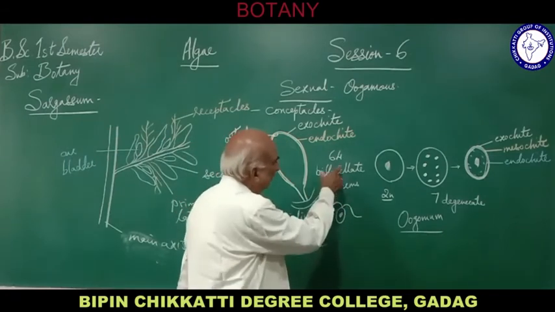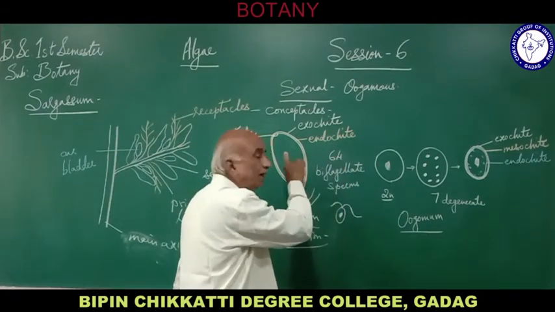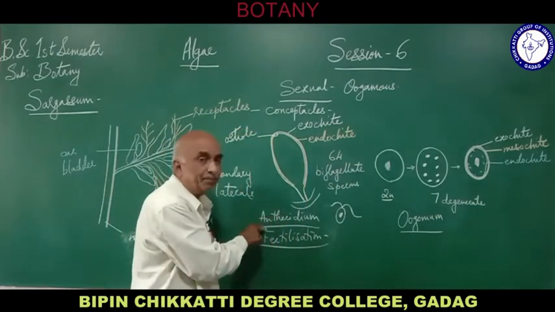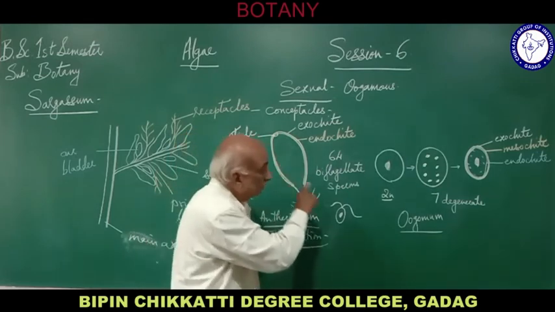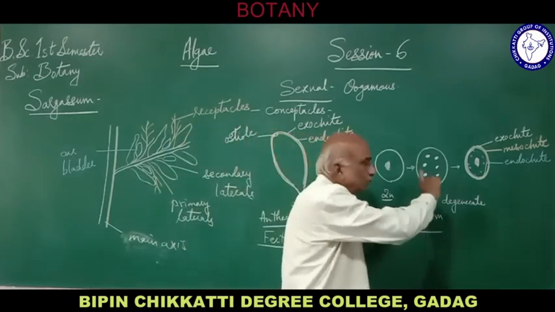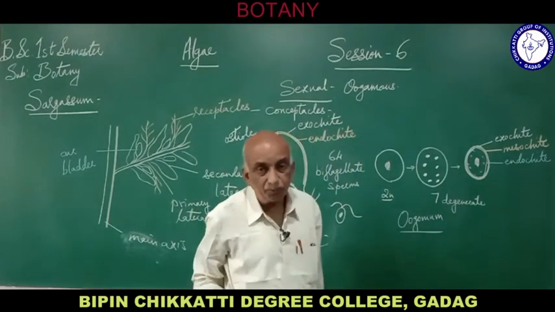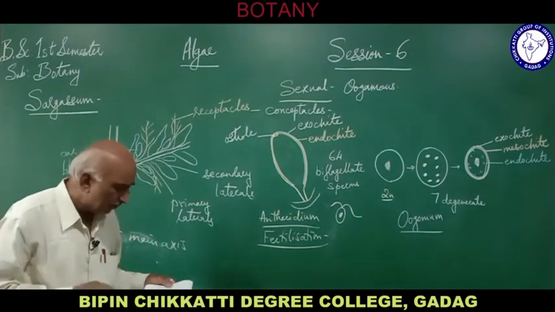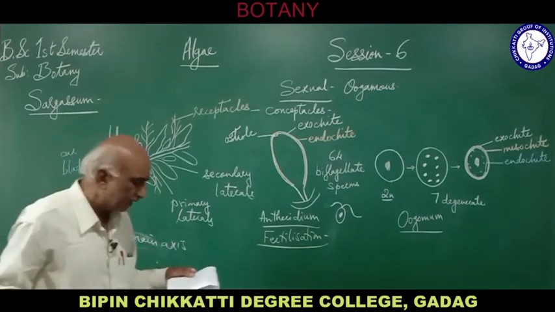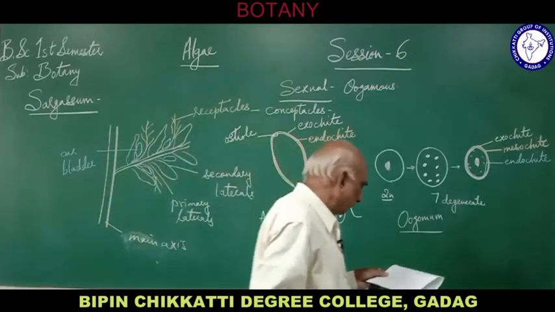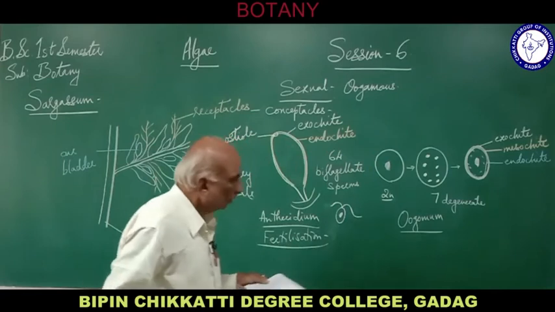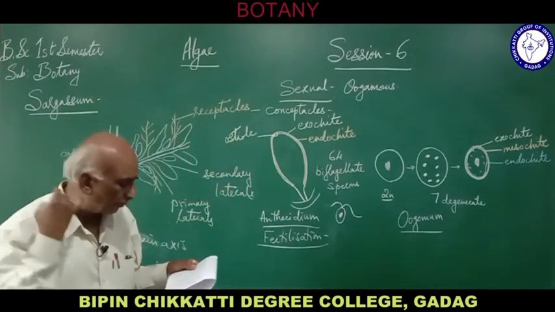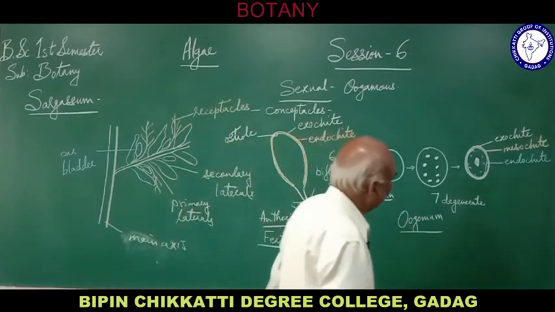So already I said 64 are produced in one antheridium. So there are several antheridia in one conceptacle. So a large number of sperms will move towards the oogonium. So this oogonium gets surrounded by several sperms, and these sperms attach to the wall of the oogonium, and out of this only one sperm will penetrate the wall of the oogonium and enter the ovum.